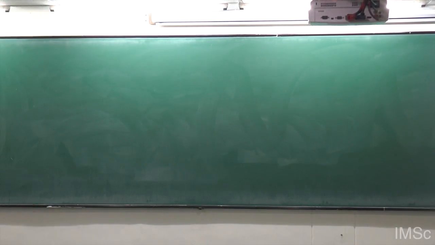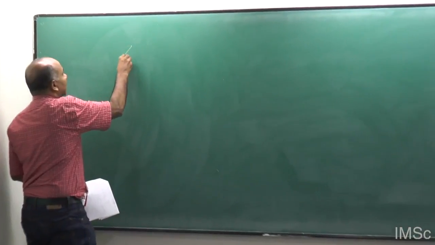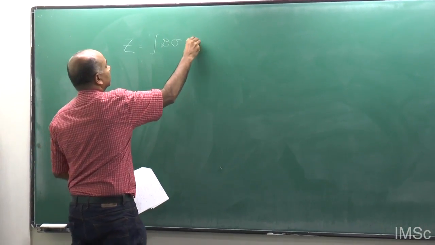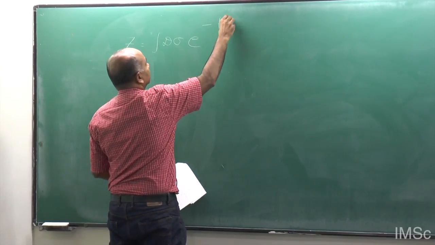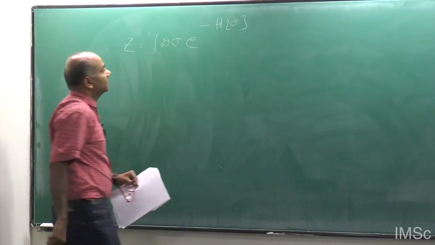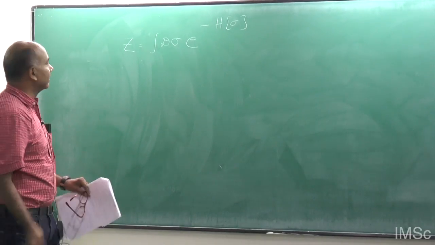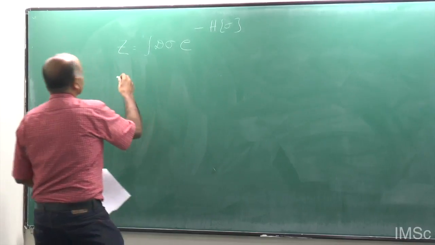So we are doing the following exercise, namely you have a partition function and we want to apply the renormalization group to this, and the way we are doing it is to split this sigma.